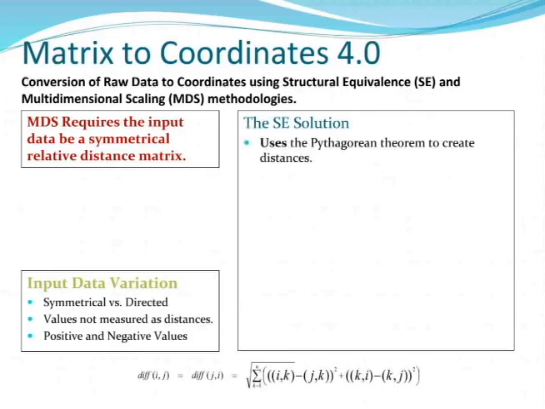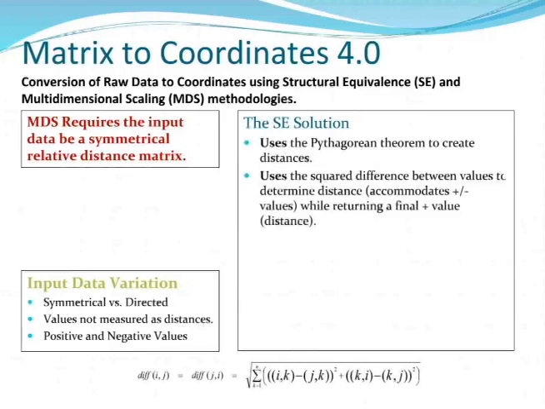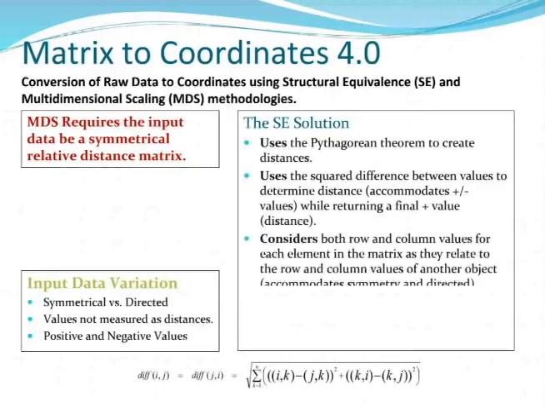Structural equivalence uses the Pythagorean theorem to create a distance out of the matrix of information by comparing the rows and the columns of each node to each other node and having the differences add up into a distance. We use the squared difference between values, which handles the plus and the minus issue. And of course, the final value is a distance, which is exactly what we want.